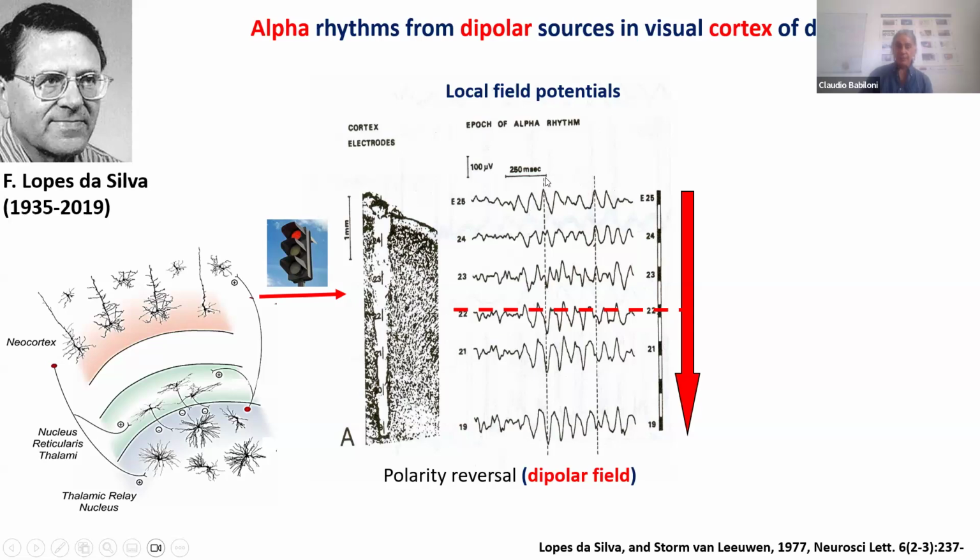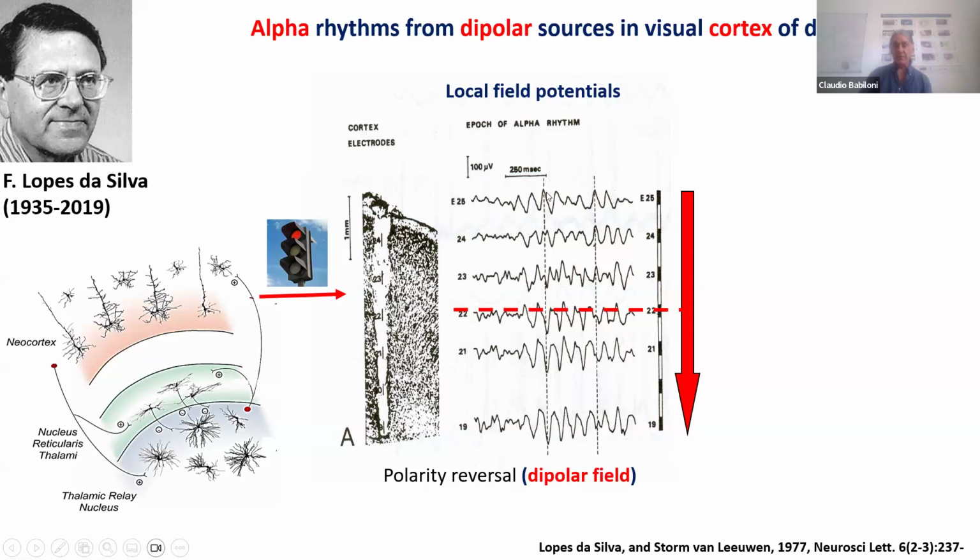But if you follow the vertical dotted line, you see that in the surface electrode contacts, the dotted line indicates upper peaks of the local field potentials, and the lower contacts at the same time of the vertical line show lower peaks.